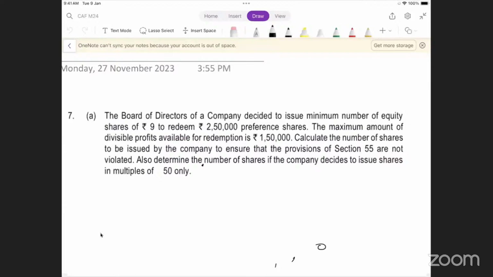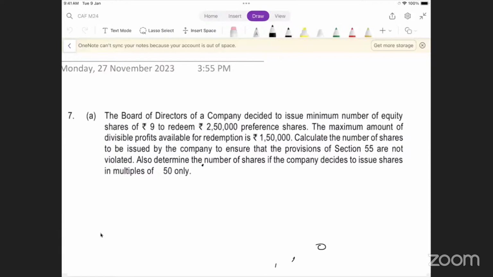So we have 2,50,000 preference shares minus 1,50,000. Deepak, are you sure about the number of ones in your answer? Check your answer again. Okay, 1 lakh is to be redeemed through a fresh issue.